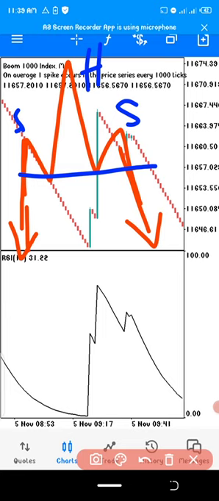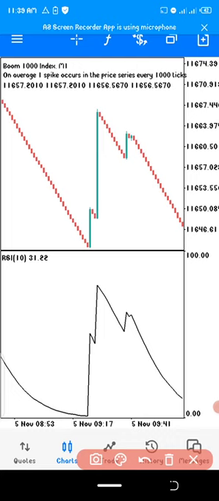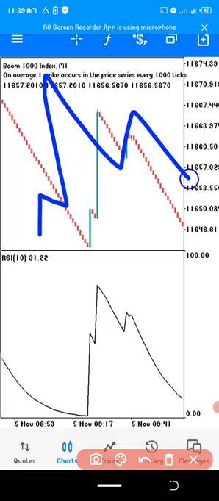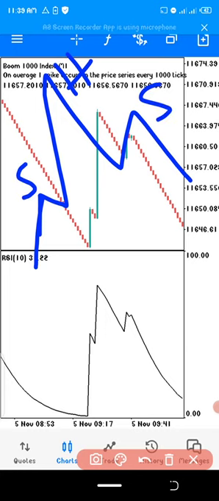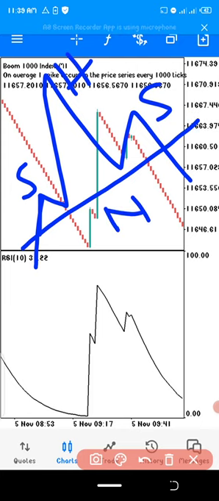The market might decide to show you something like this. It is important for you to understand that this is still a head and shoulders, because you have the head, which is the peak, the tallest, and then you have the left shoulder and the right shoulder, and then you have the neck, which is a line that connects both the left shoulder and the right shoulder. I hope you guys are getting it.